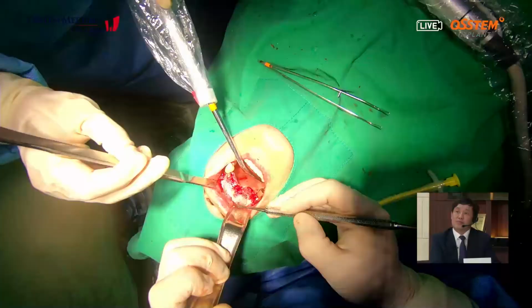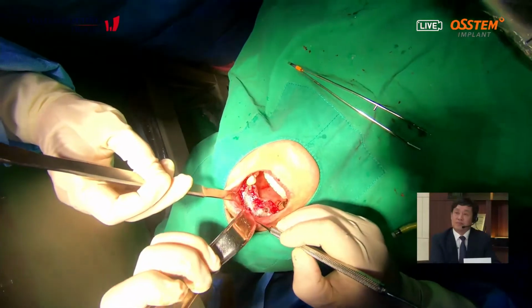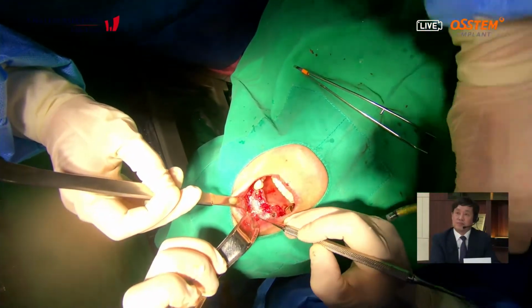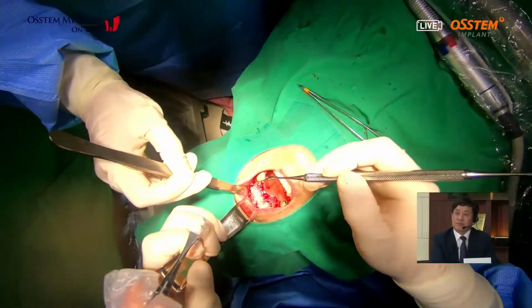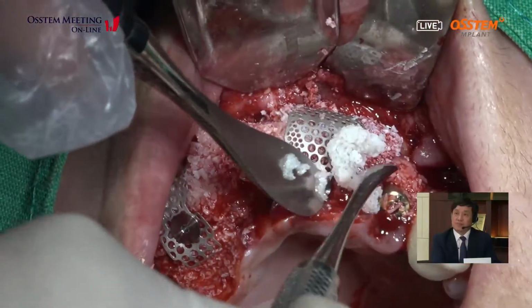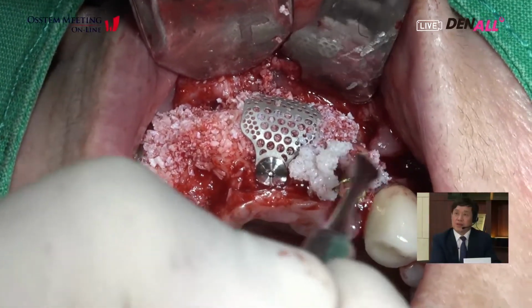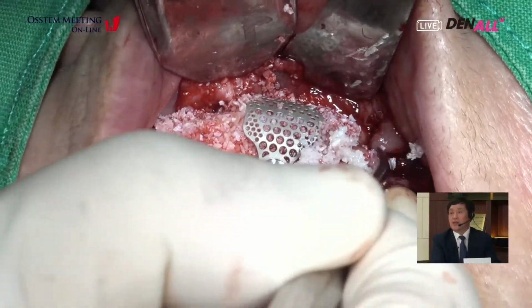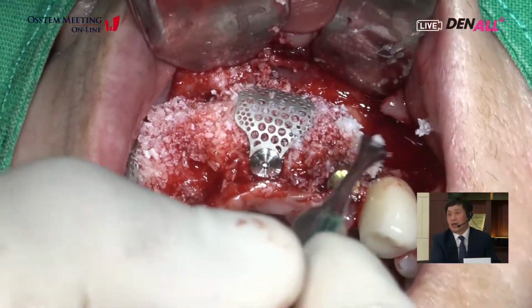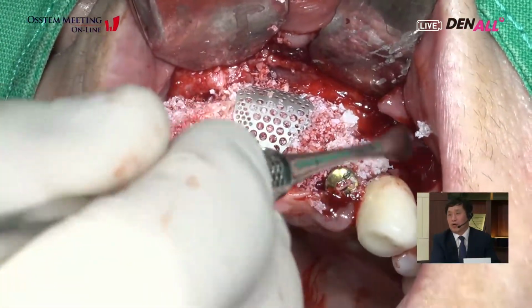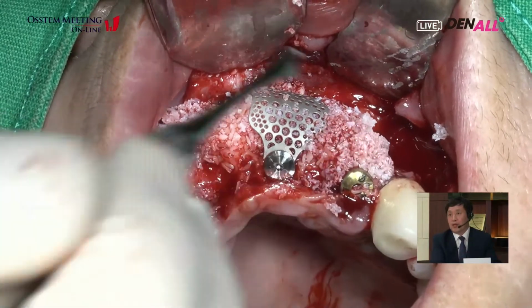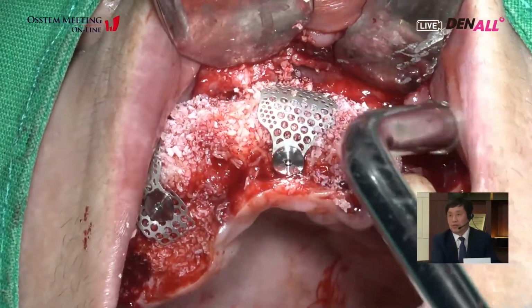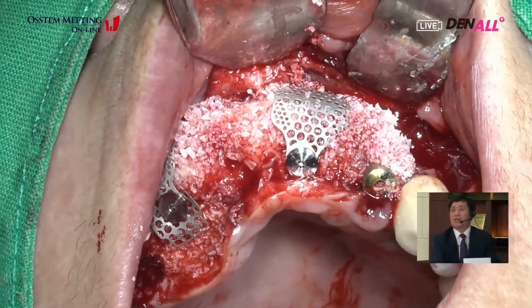Okay, the bone grafting was done. And the left canine area is also further augmented with bovine bone and xenogenic bone graft materials for space maintenance.